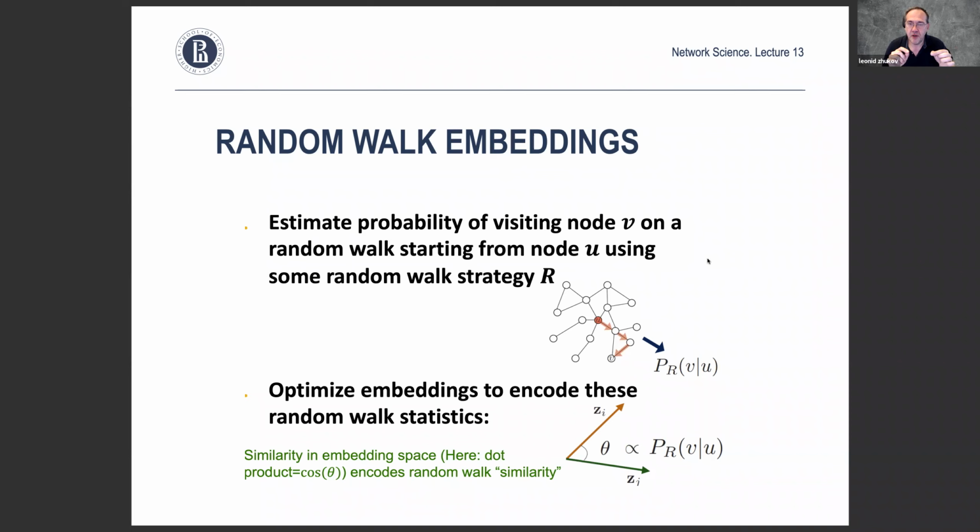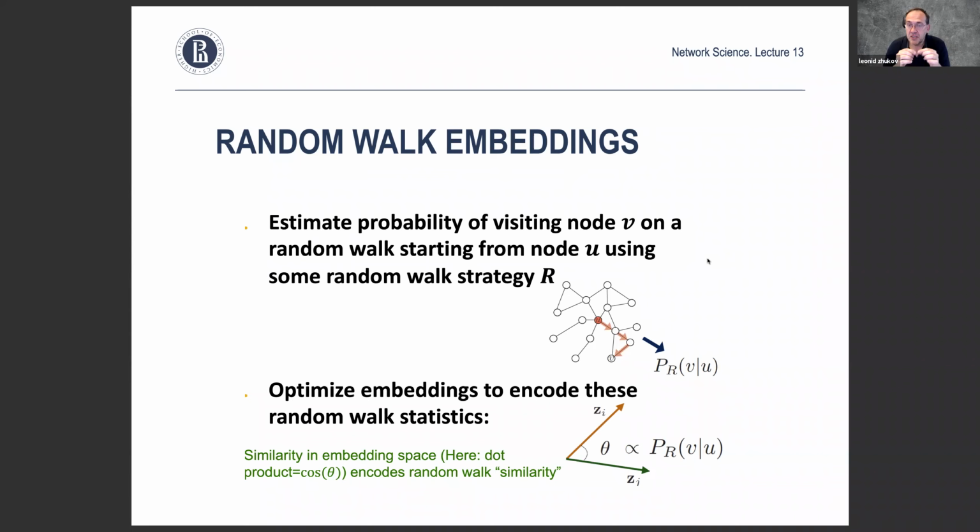Of course, we don't want very long random walks. We can say a random walk of 10 steps or whatever, and then we run those random walks and see how often each one ends up on a particular node.